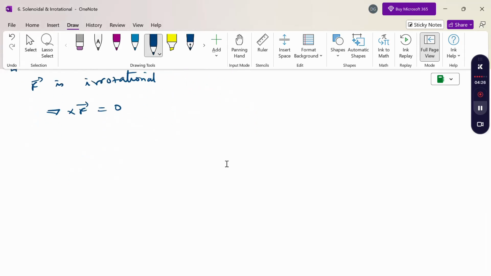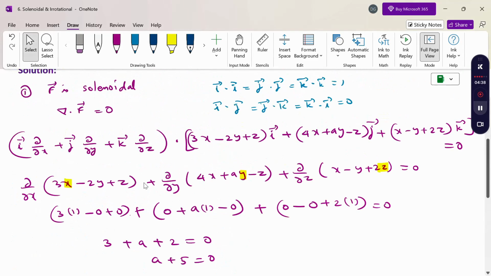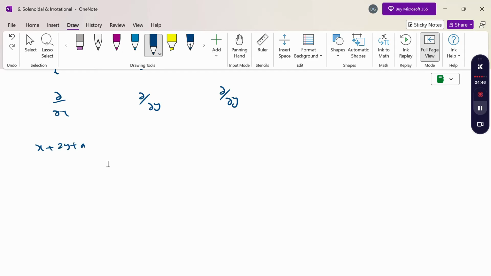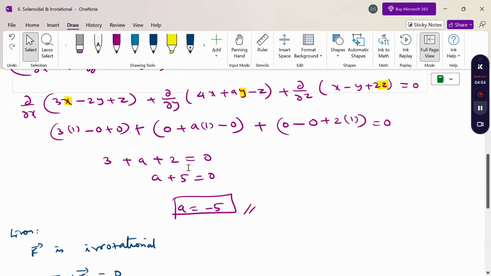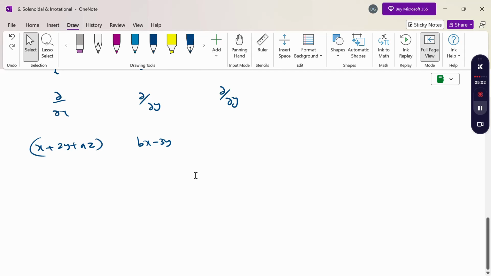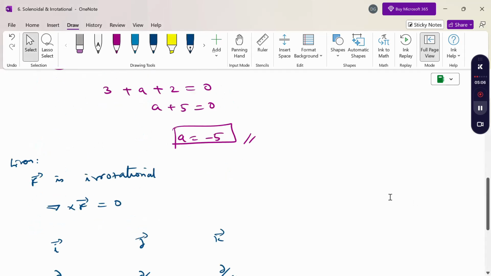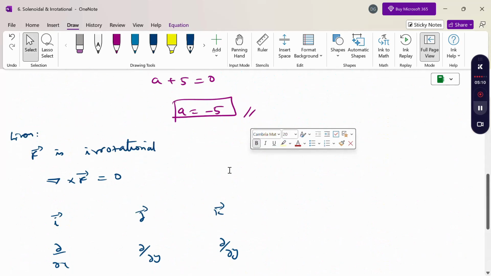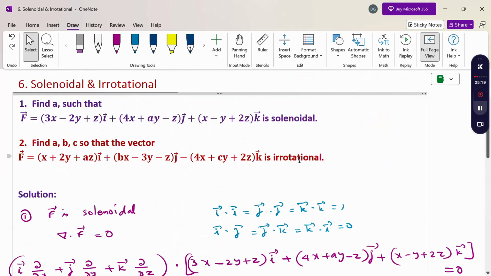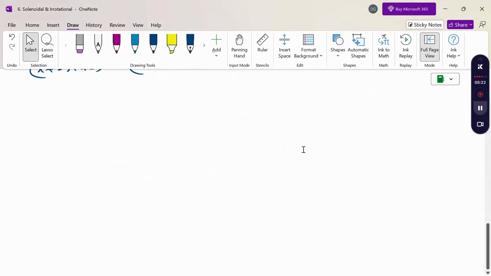Then the del cross f vector, the curl, is the determinant with rows i vector, j vector, k vector; dou by dou x, dou by dou y, dou by dou z; and the f vector components x plus 2y plus az, bx minus 3y minus z, and minus 4x minus cy plus 2z.